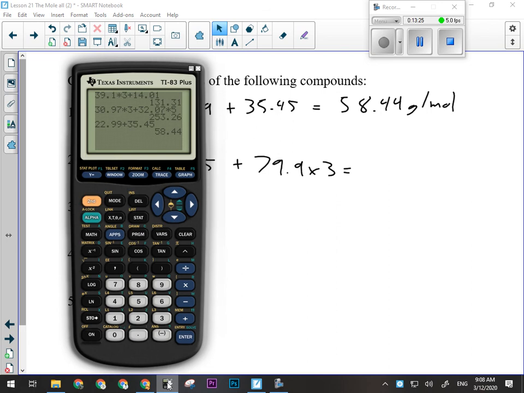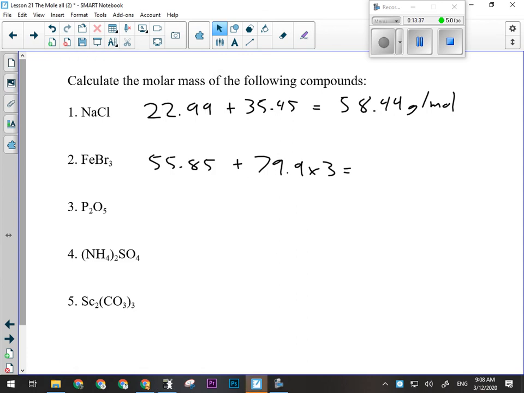So 55.85 plus 79.9 times 3 is 295.55 grams per mole. Questions on that one?